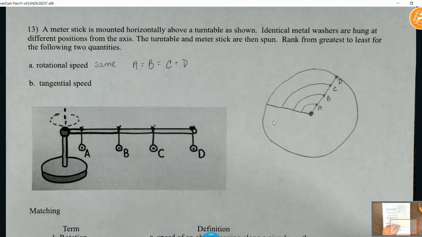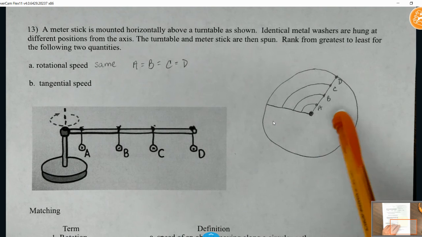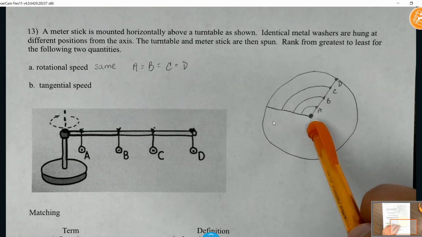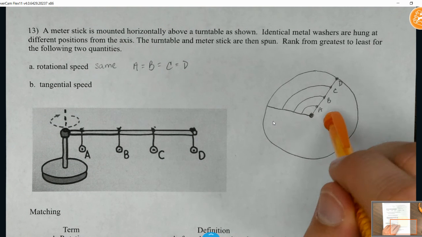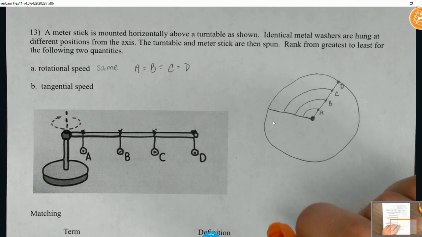But our tangential speed, again from the notes, if you remember that, the farther you are from the center, so as your radius increases, so does your tangential speed.